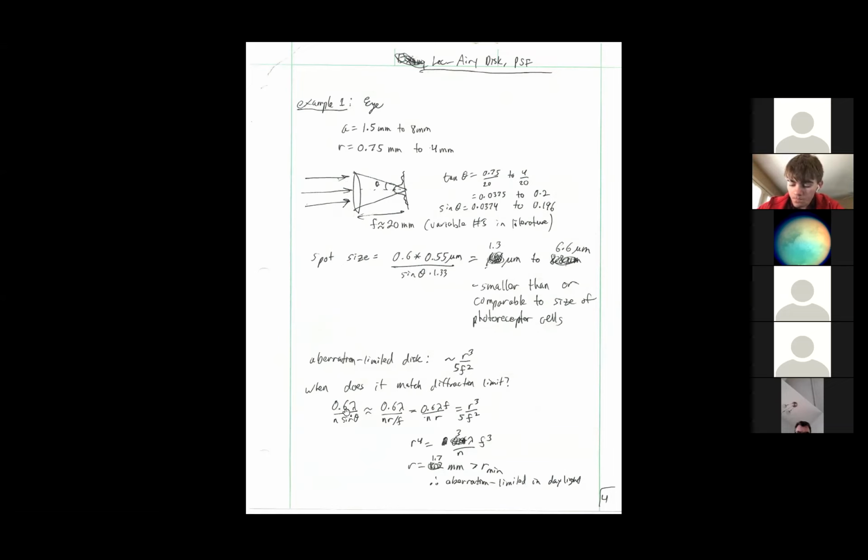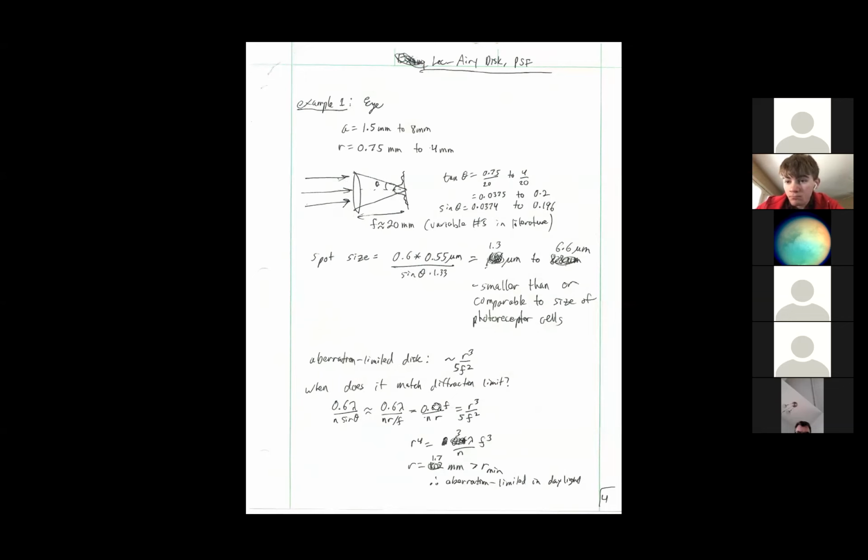So when does the diffraction limit match the aberration limit? Well, let's see. We're going to take 0.6 lambda over n sine theta. We're going to approximate sine theta with tan theta because they're pretty close for this range of values. Tan theta is radius over focal length.